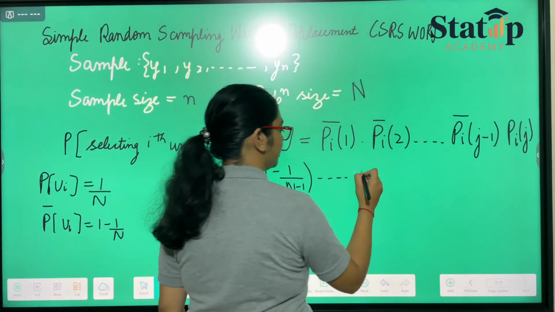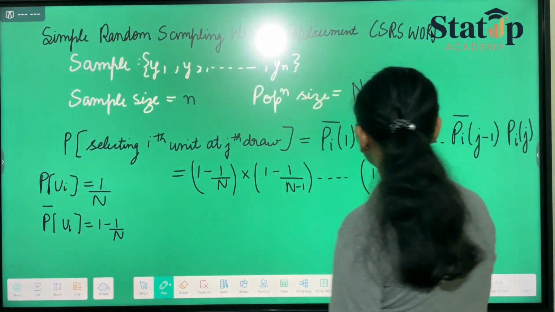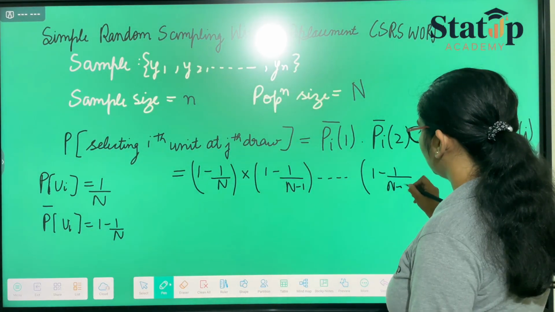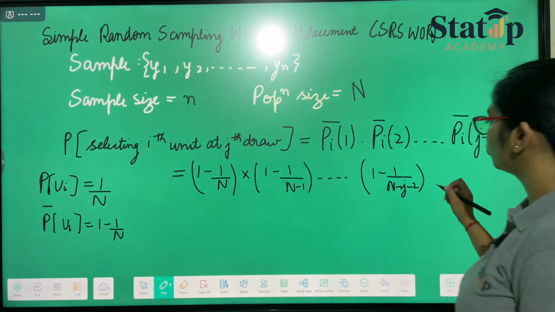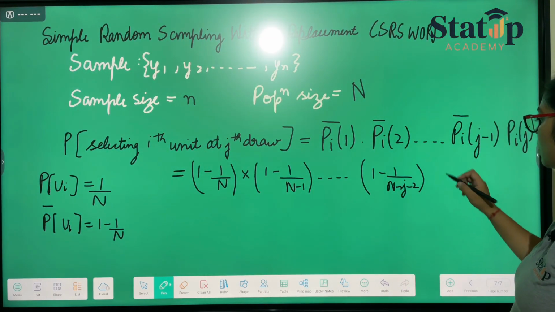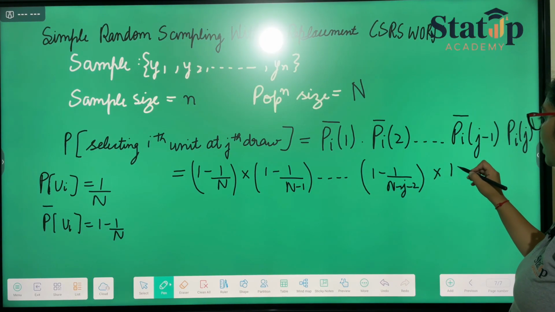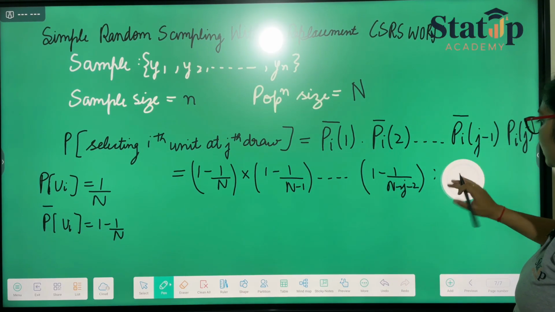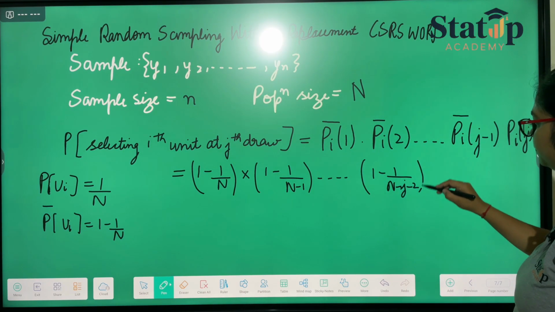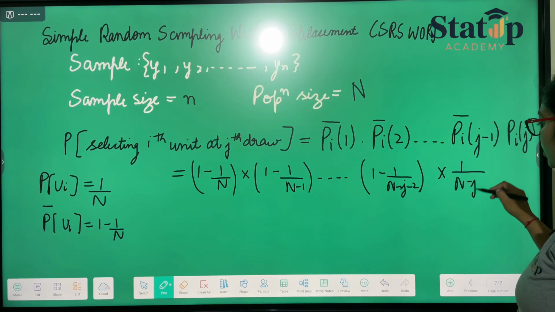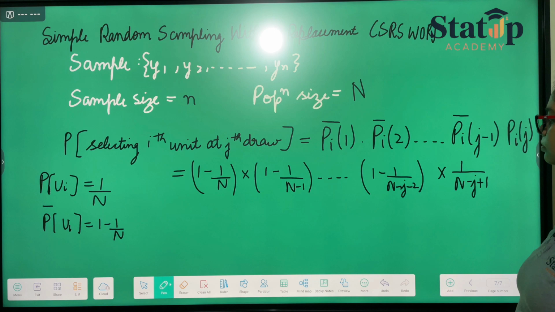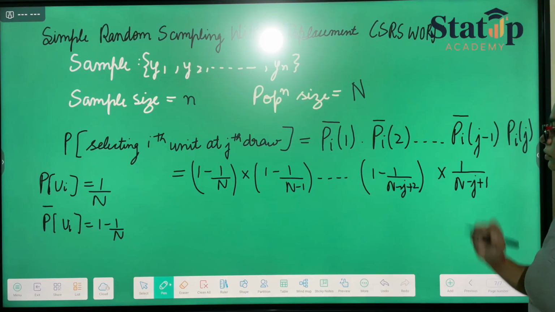Then up till 1 minus 1 upon n minus j plus 2. Then the probability of selecting the ith unit: 1 upon n minus j plus 1.